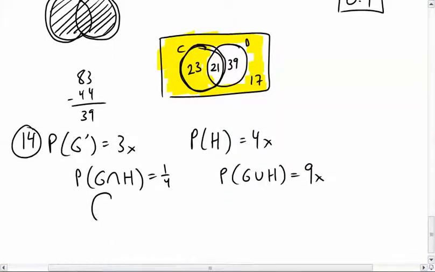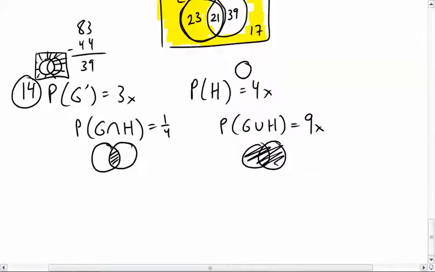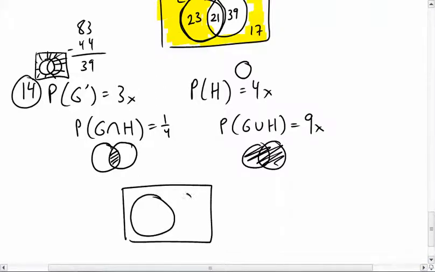So remember, the intersection means the place where they overlap. The union means everywhere. H will be the right circle, and not G means everything not in the left circle. So drawing a Venn diagram, I have 1/4 or 25% in the middle.